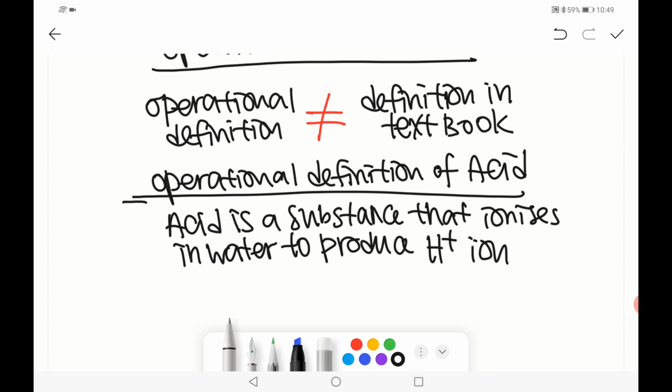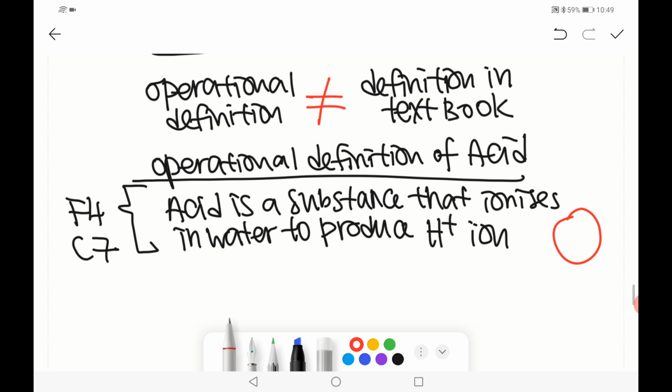So this is a definition that you learn in Form 4 Chapter 7. So if you dump this whole answer into the question, you will get 0, no mark at all. Yeah, because the answer that you gave is a textbook definition. Okay, now we don't want a textbook definition, we want operational definition.